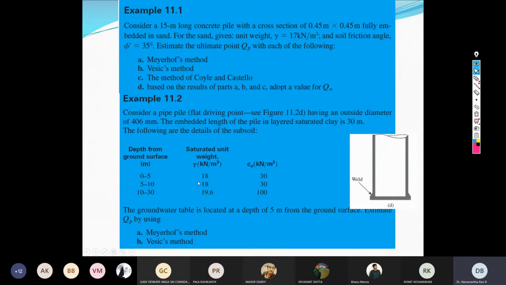While in the latter sum, this is cylindrical pile having a diameter of 406 millimeter. So try to distinguish the pile cross section from the first sum and the second sum. In the first sum it is a square cross section, in the second sum it is a cylinder. And in the first sum the pile length is 15 meter, in the second sum the pile length is 30 meter.